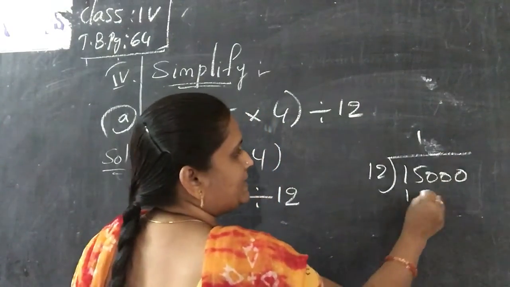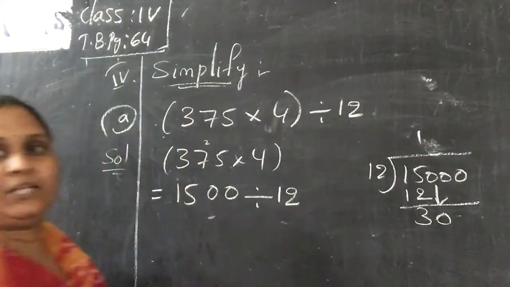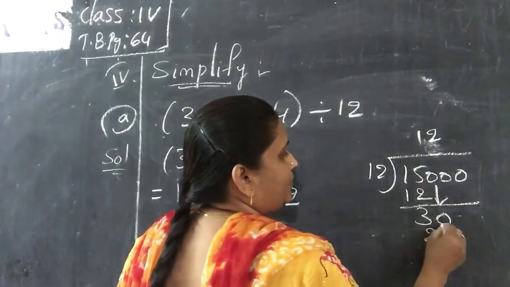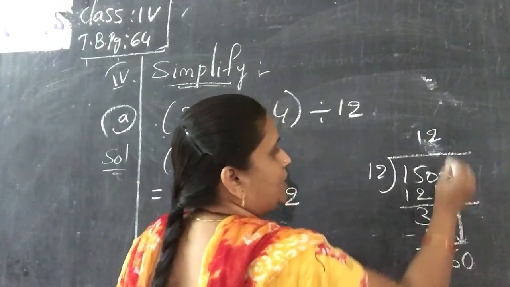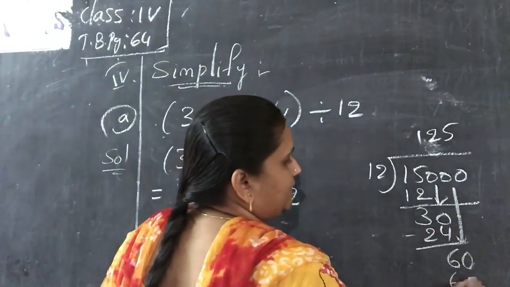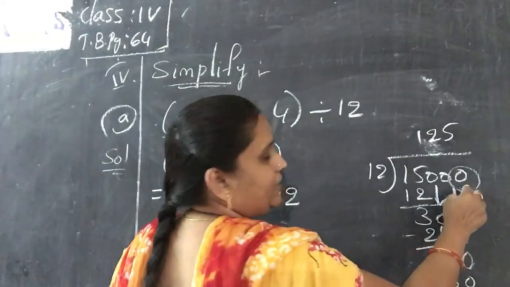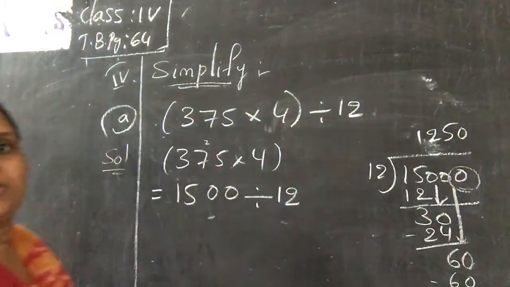12 ones are 12, 3 and 0. 12 twos are 24. Write down 2. 12 twos are 24. And the remainder will be 6 and carry forward 0. 12 fives are 60. 60 minus 60, 0, and here one 0 is left over in the dividend's place. That 0 has to be written in the quotient's place.